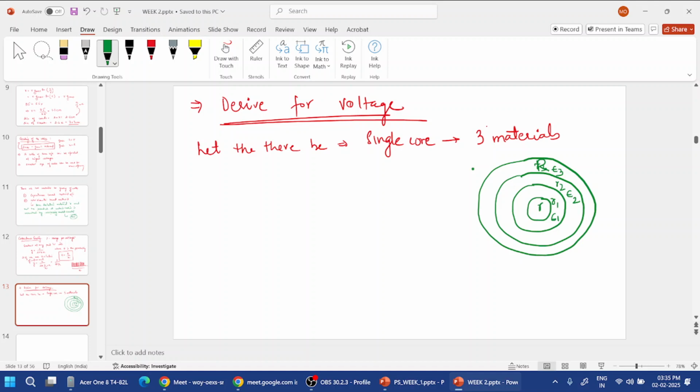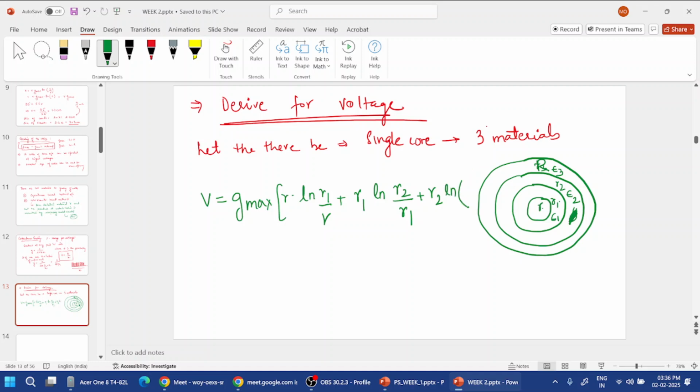So the operating voltage of the cable V is equal to, I will write the formula down directly instead of going through the derivation, G max r log R1 by r, for this the outer is R1 and the inner is r, plus R1 log R2 by R1, plus, for the next, R1 log R2 by R1 plus R2 for this one.